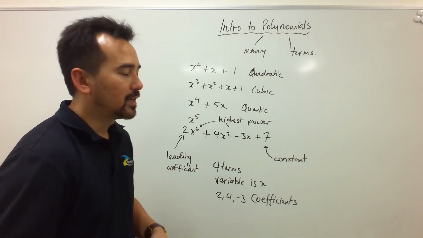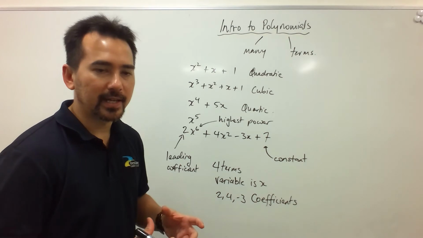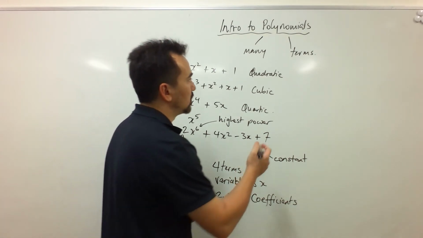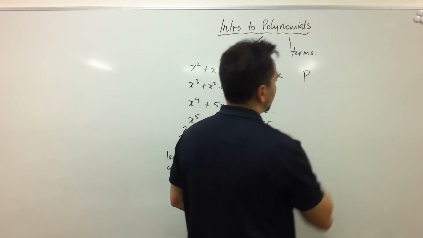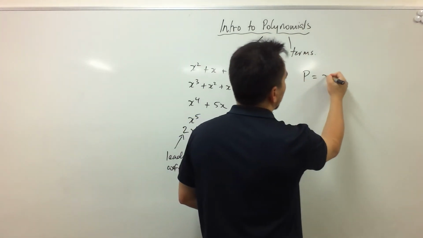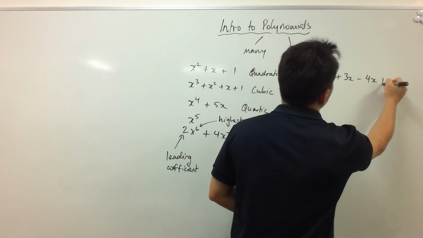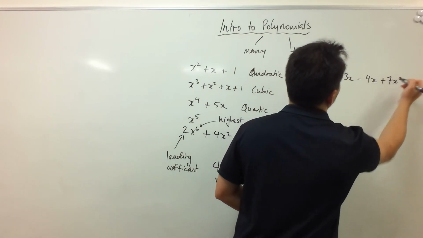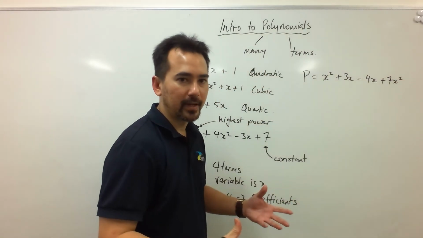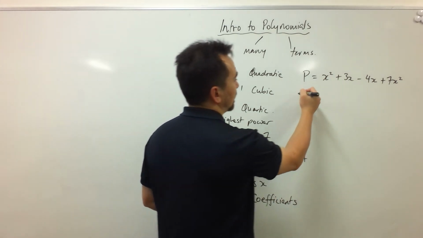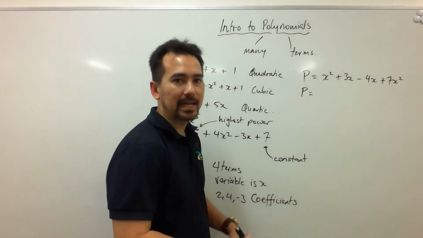Okay, let's try simplifying polynomials. So let's say we have a function p, p stands for polynomial, and we have x squared plus 3x minus 4x plus 7x squared, and we're going to simplify. We simplify by combining like terms. What does that mean?